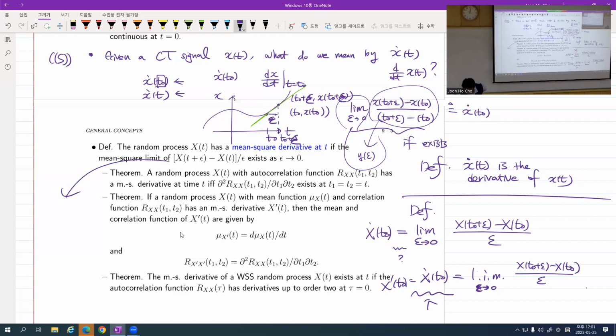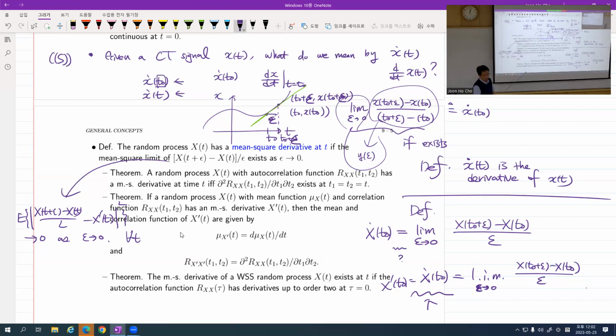So here, if this holds for all t, not for all epsilon, for all t, then this new random process is called the derivative of the random process x.